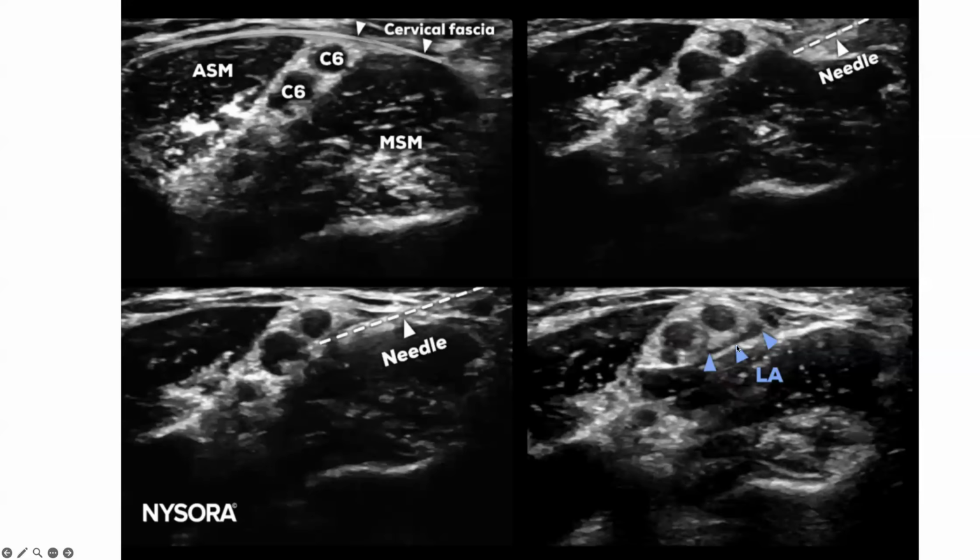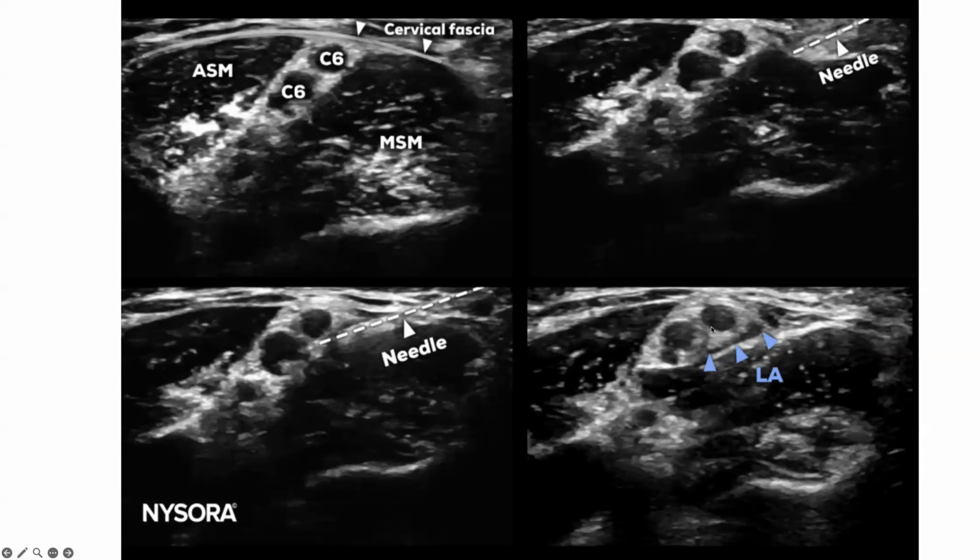I've also seen people trying to advance the needle between the roots so that they inject local above and below C5, which I feel can actually cause more harm to the patient. So there is absolutely no need to try and push the needle in between these two, and there's no need to actually try and get the needle above and below.